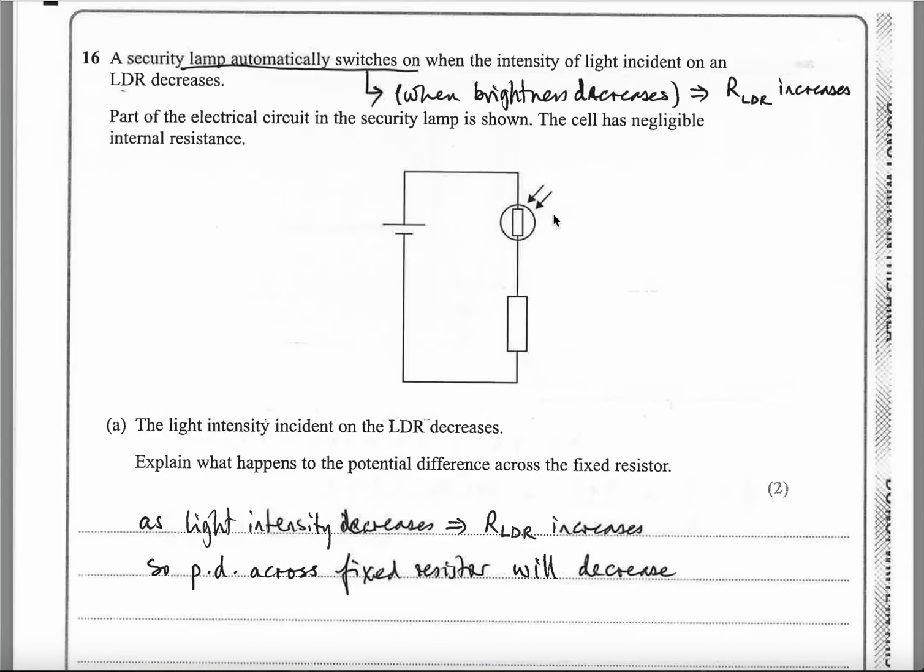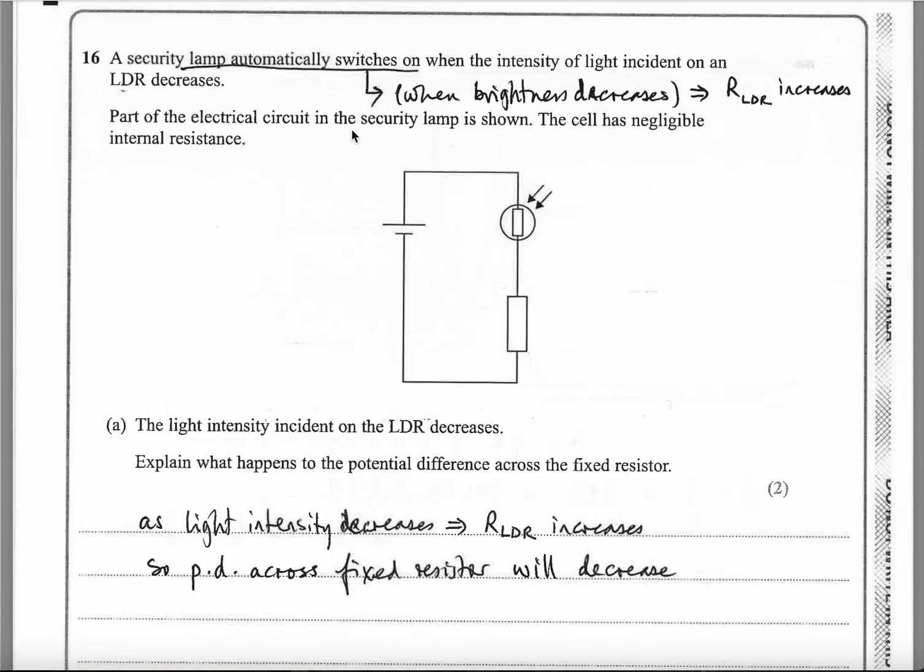Because it has fewer electrons in the conduction band. That's what you need to go and revise, the conduction band. When they are not free electrons, they're in the non-conduction band, so they're basically stuck in their atoms' positions. They can't move around freely.